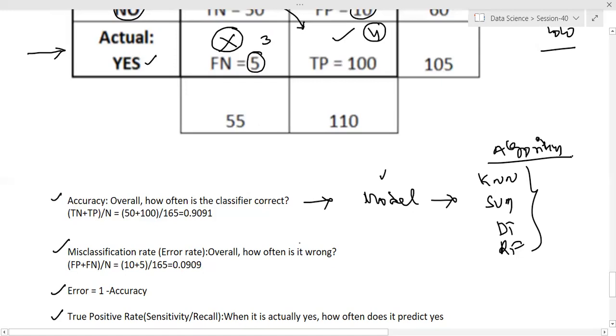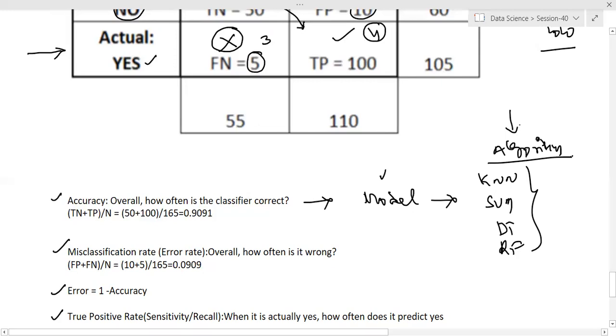Algorithm is a mathematical equation. Here, observe, guys, the algorithm is something predefined. We have never defined any algorithm. We are using the algorithm so as to generate our model.